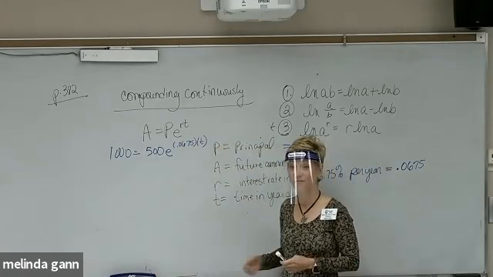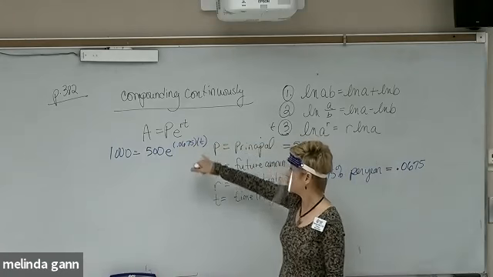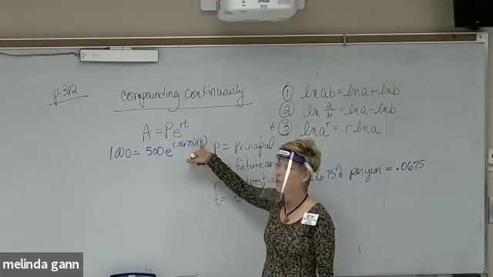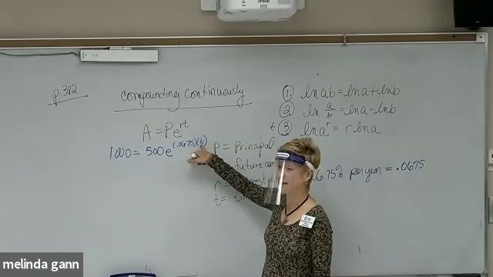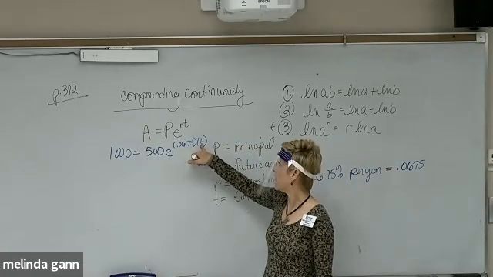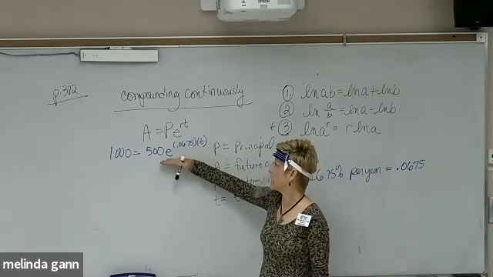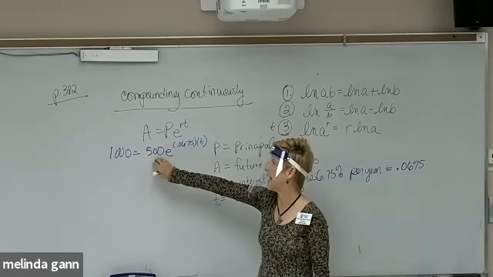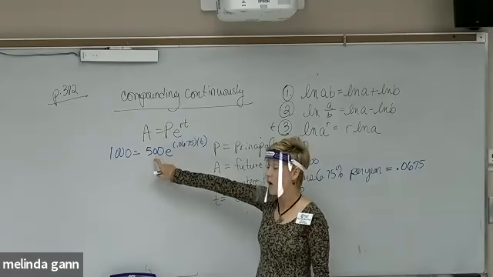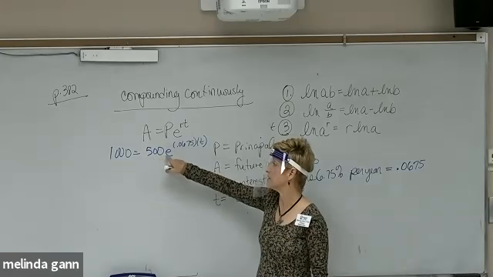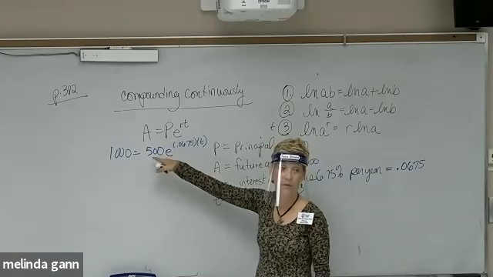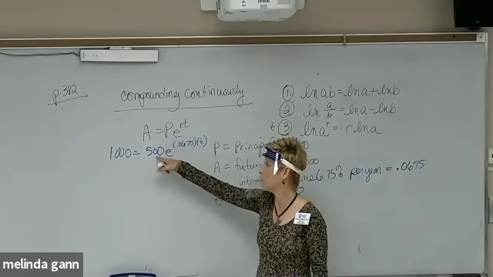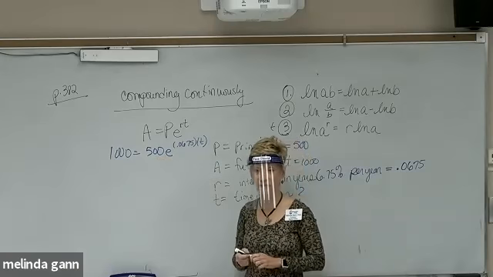Everybody okay so far? Now, aren't I trying to solve for this variable over here? Well, let me ask you this. I need to isolate it then. Now, what's over here that I've got to get rid of that I don't need? That's already down. What have I got to get rid of? Okay, what's this 500 and this E? Are they added, multiplied, divided? What's that mean when there's nothing between them? They're multiplied. So how am I going to get rid of that multiplication of 500? What am I going to do to both sides?